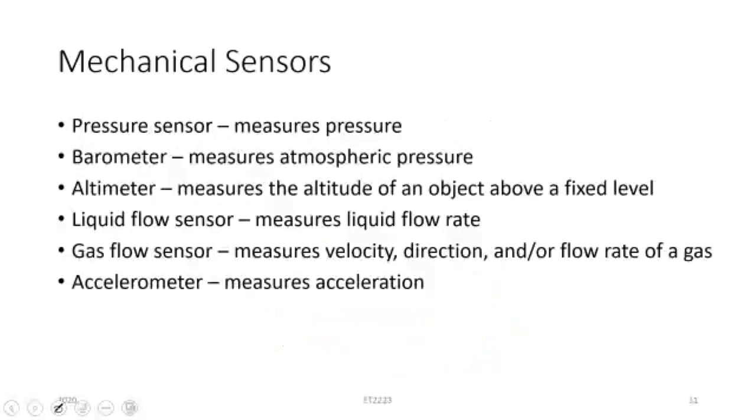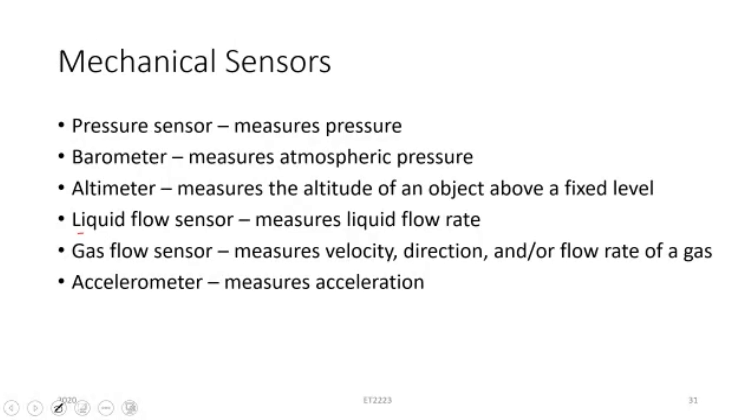Then a lot of mechanical sensors, again, you may be familiar with quite a lot of these. Things like pressure sensors that can measure pressure on a surface, for example. You may use that even to measure weight. Barometers are there to measure atmospheric pressures and altitude.